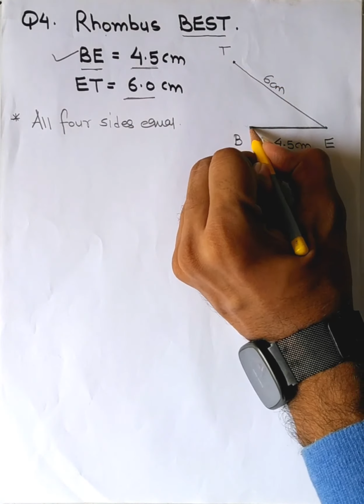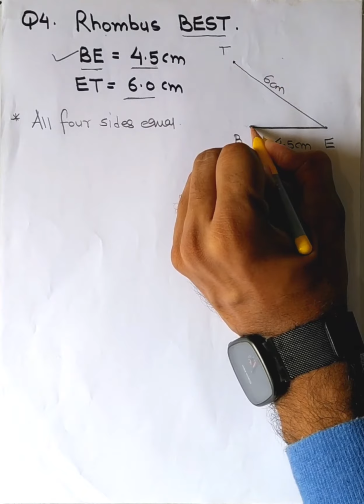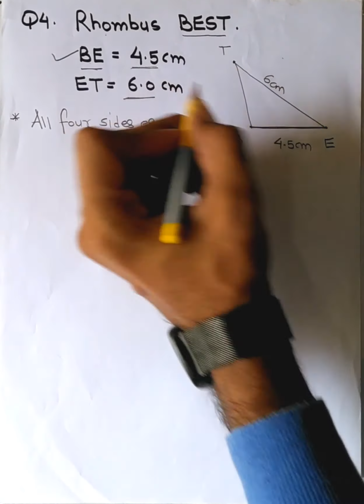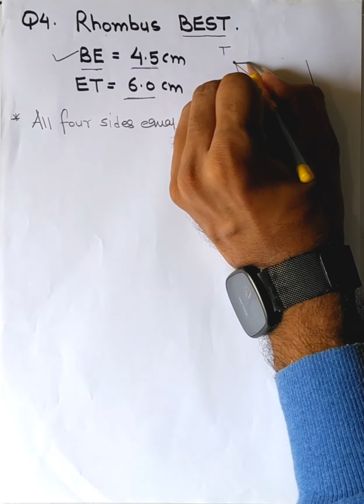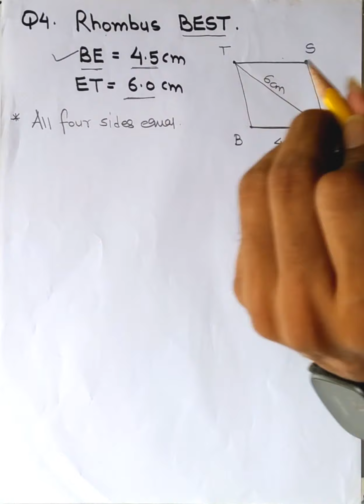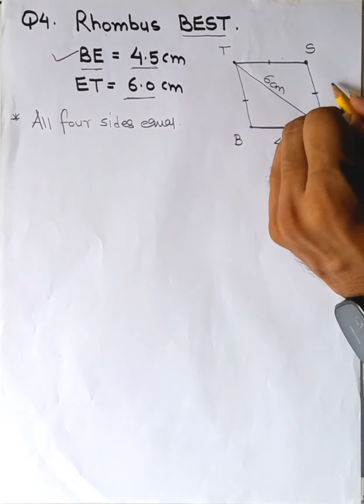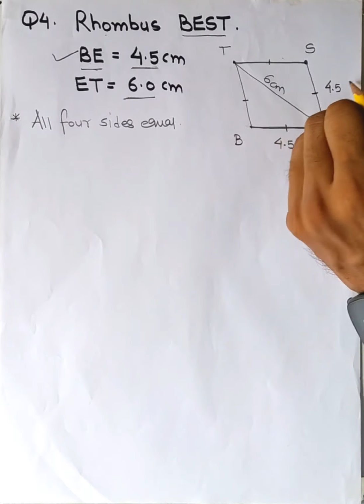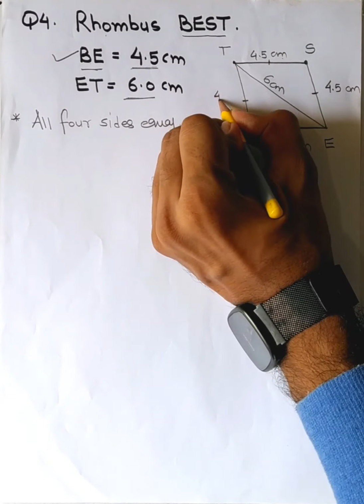The remaining 1, 2 and 3 sides will be of 4.5. So here I am completing the other 3 sides of BEST. One was given and the other 3 will be, directly by property, again 4.5 centimeter.